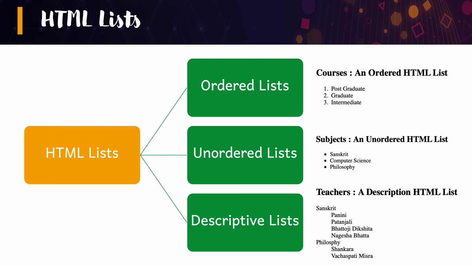And for the philosophy subject, Shankara and Vachaspati Mishra offer teaching. It's a great college if there is one like this. But the important point is there are two lists, but from an HTML point of view, it's the same list. It is one descriptive list.